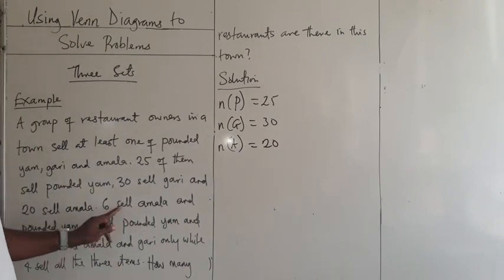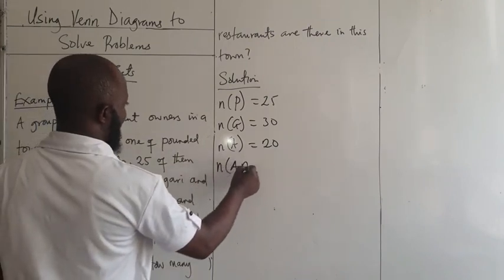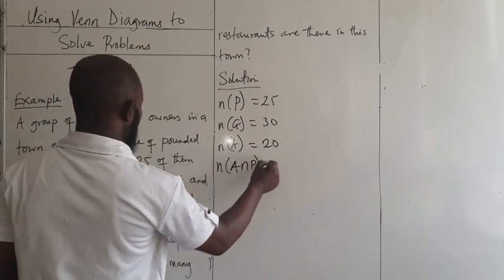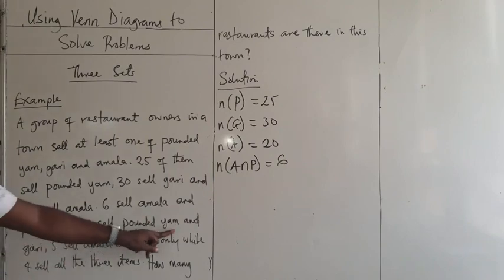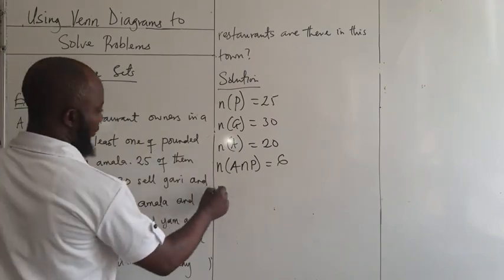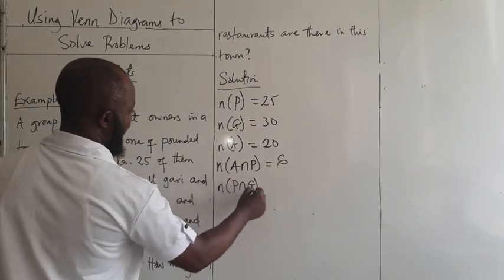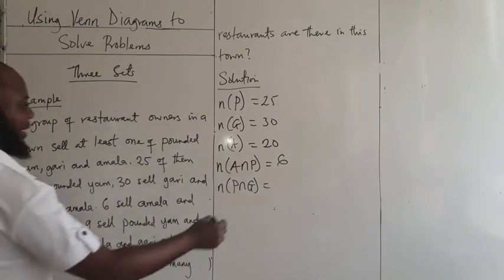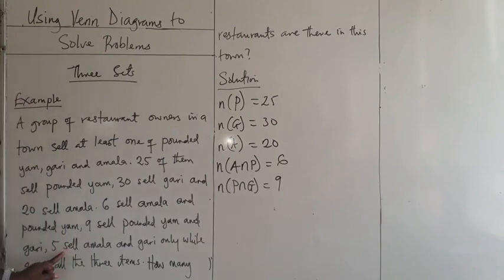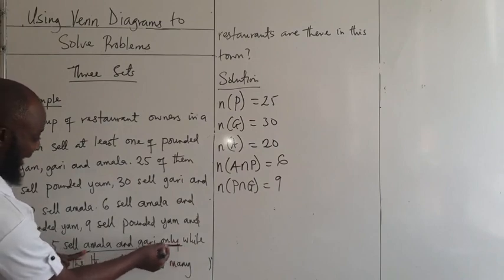Now 6 sell amala and pounded yam, so the number of amala and pounded yam is 6. 9 sell pounded yam and gari, so that is 9. Then 5 sell amala and gari only. Please take note of this: only is there.